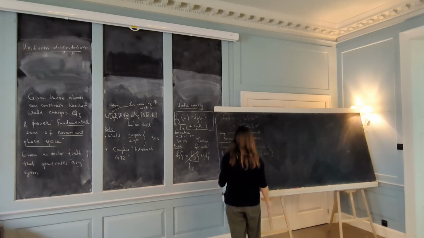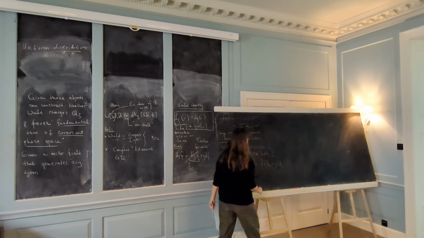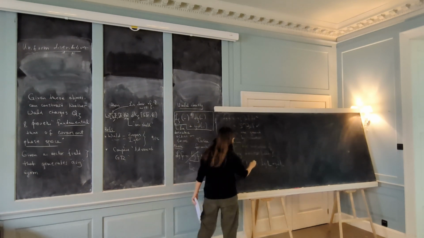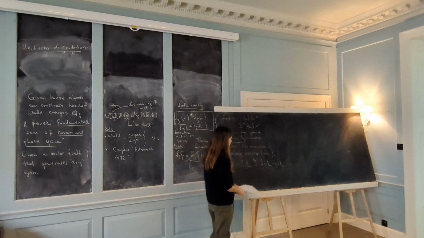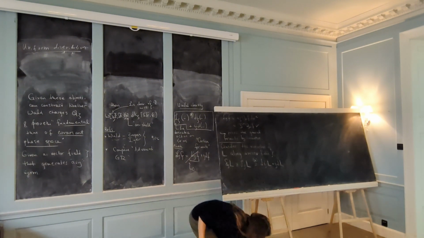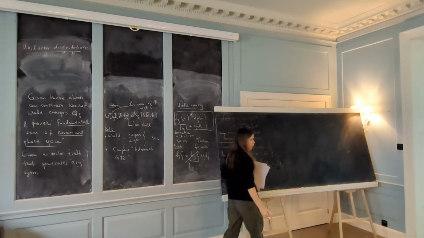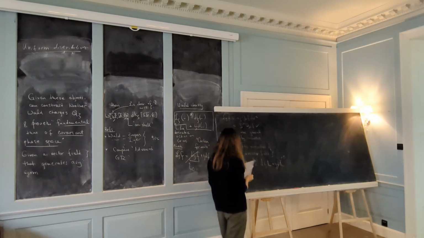And this gives me d I zeta L plus I zeta d L. So this is from this identity. But the nice thing about this formula is that the second term vanishes because L is a top form. And so we are just left with that.